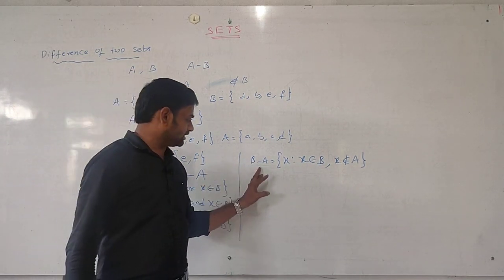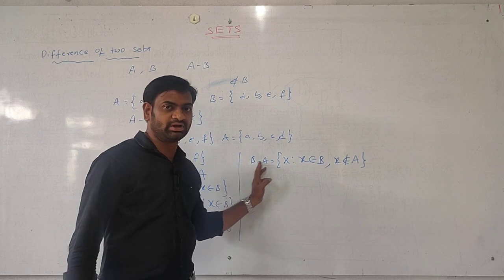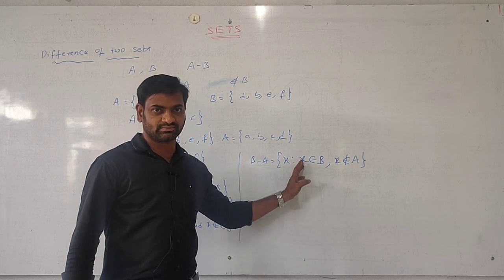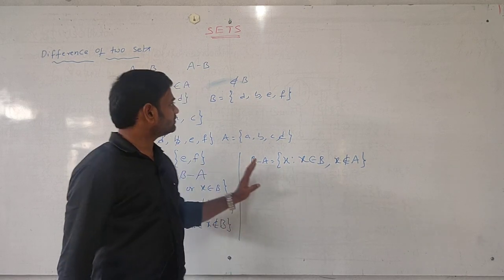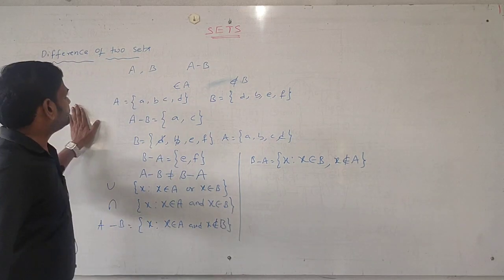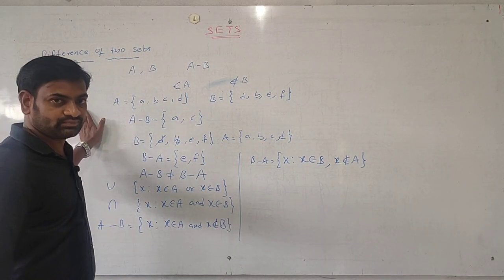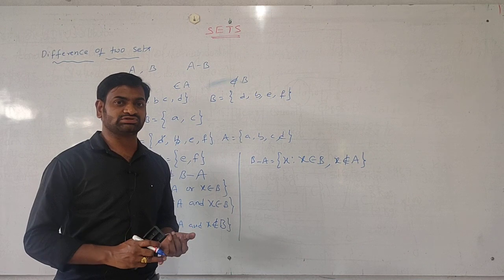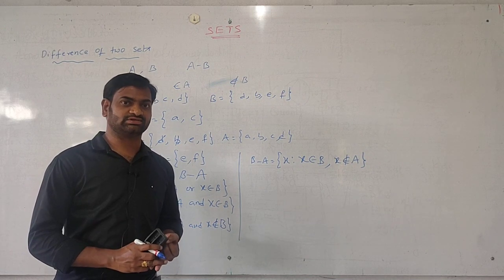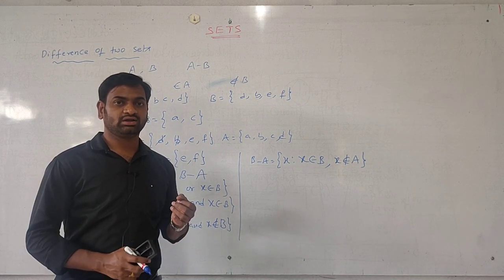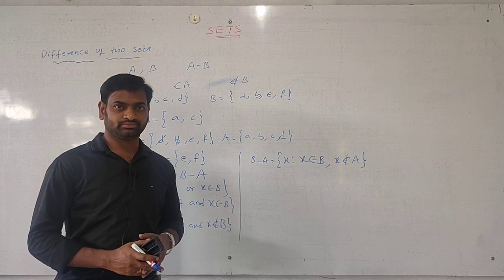In B minus A, from B we have to eliminate A's elements. That's it. So it is the difference of sets, union of sets, intersection of sets. And I gave the properties also.